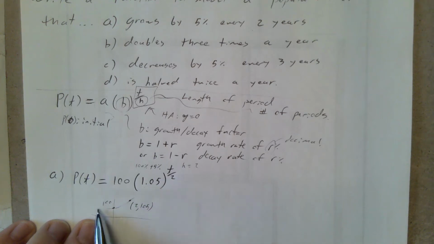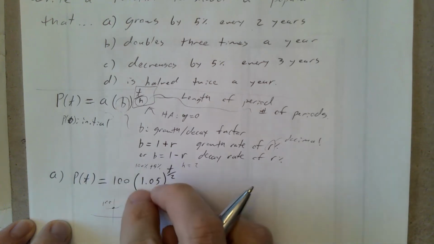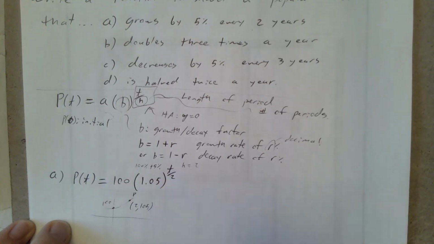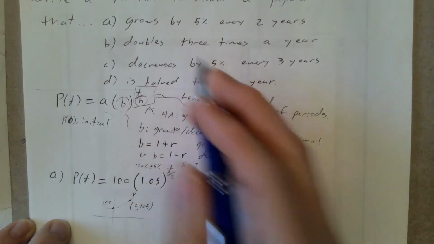We're increasing at a rate of 5%. And then the horizontal stretch by 2 makes it so that we don't grow by 5% until 2 years have passed. Okay. We can think of transformations, but we don't need to interpret this as a vertical stretch and a horizontal stretch. Very much like with trig functions. For question B.